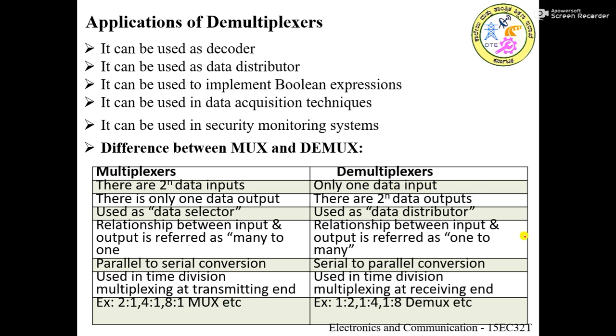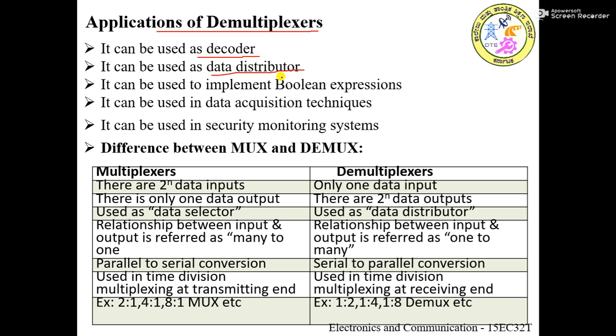Next, we shall see the applications of demultiplexers. Demultiplexers can be used as decoders, and these are data distributors. For multiplexers, we said they were data selectors. Now these are called data distributors because they distribute the data onto one among the 2 to the power of n output lines.